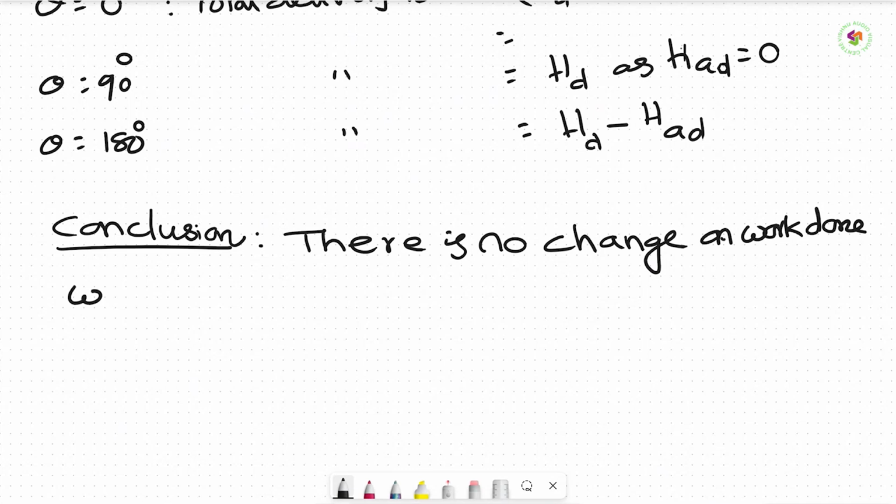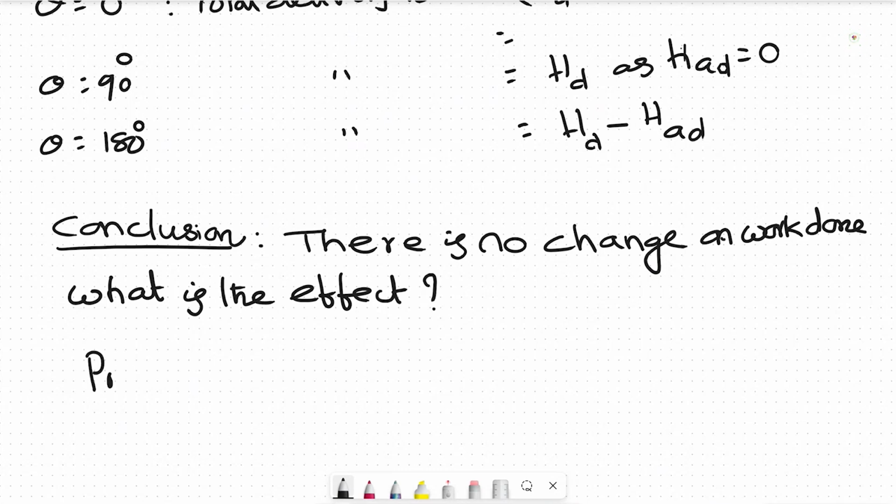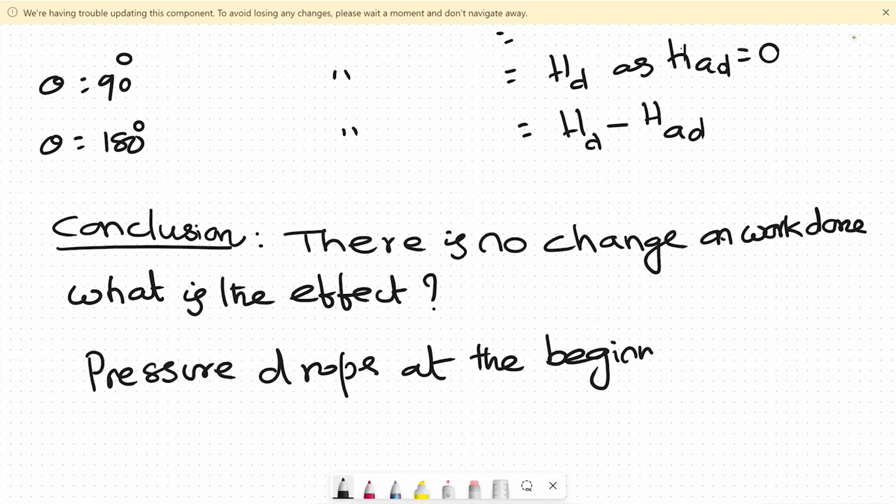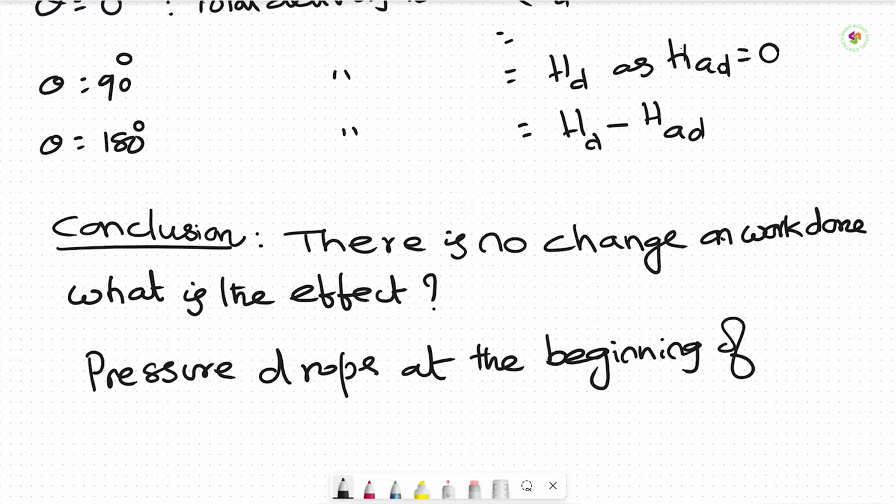But what is the effect? Pressure drops. Pressure drops at the beginning of the suction stroke.